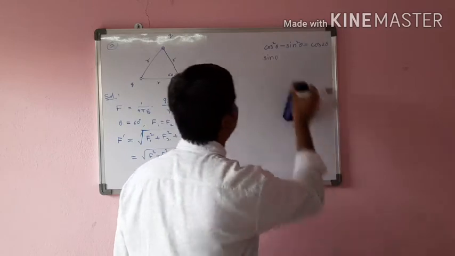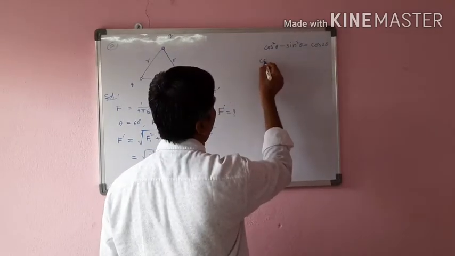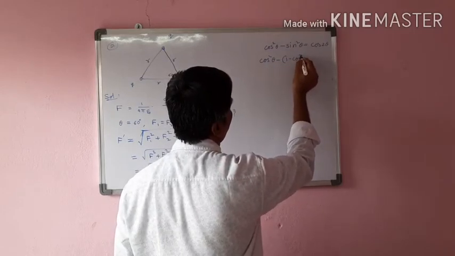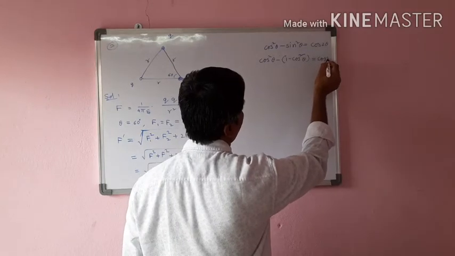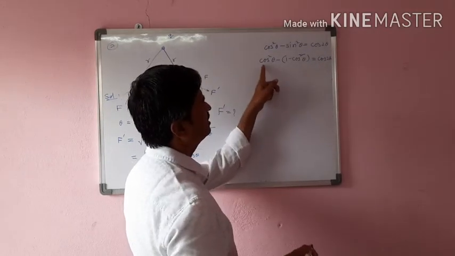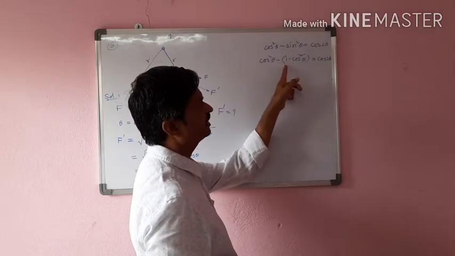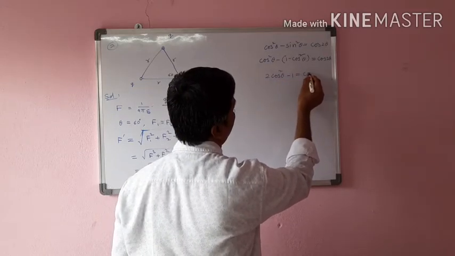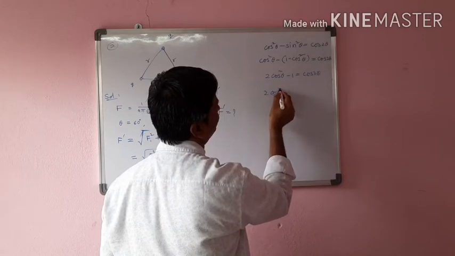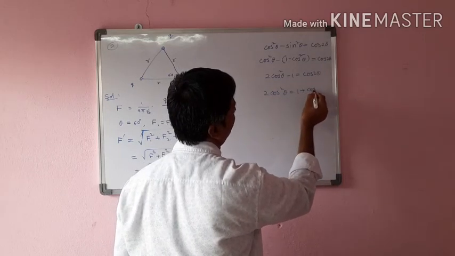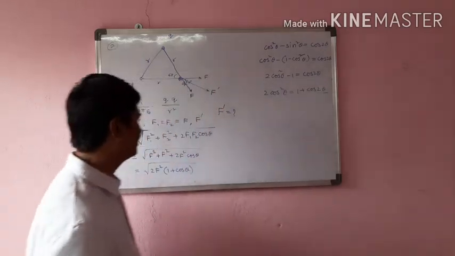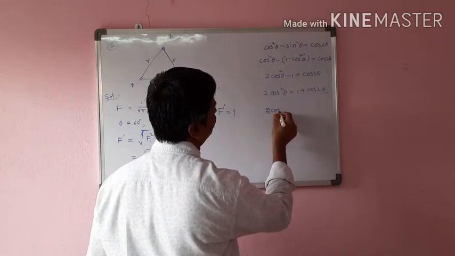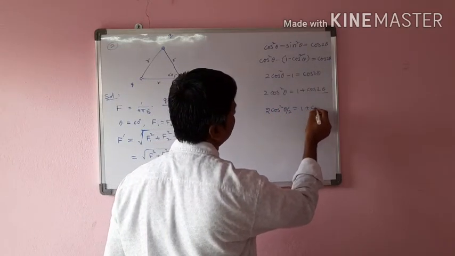Cos square theta minus (1 minus cos square theta) is equal to cos 2 theta. So 2 cos square theta minus 1 is equal to cos 2 theta. 2 cos square theta is equal to 1 plus cos 2 theta. Now using this identity, we can write 1 plus cos theta is equal to 2 cos square theta by 2.